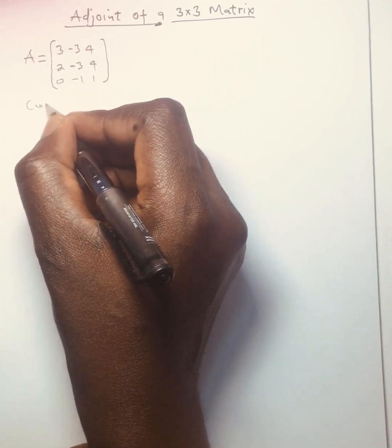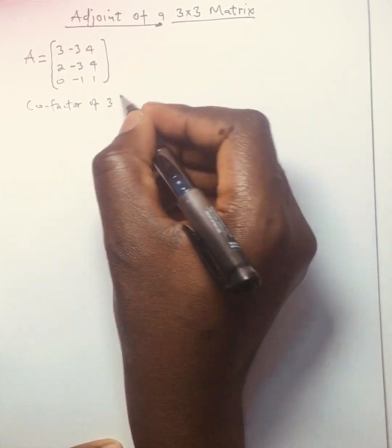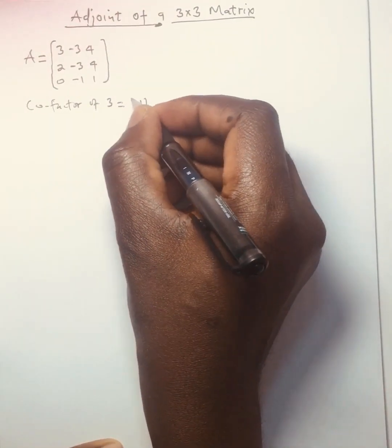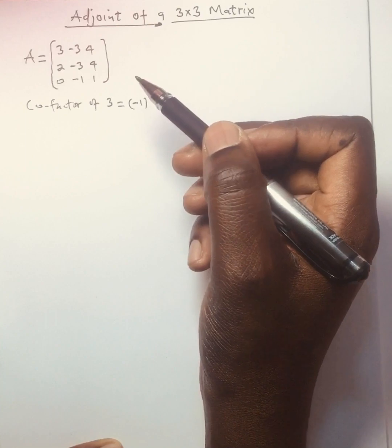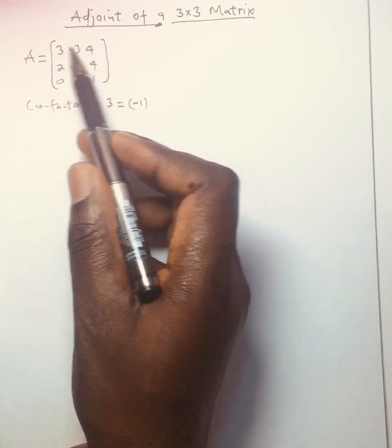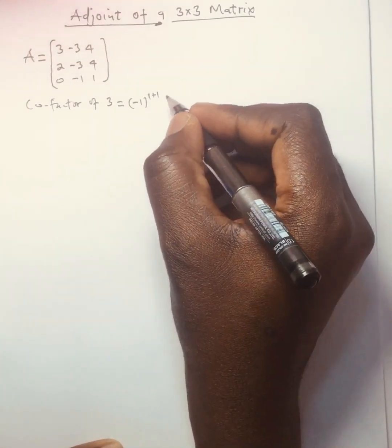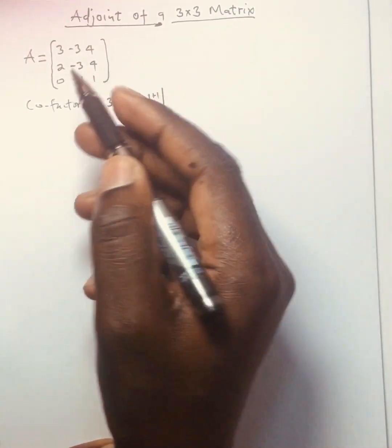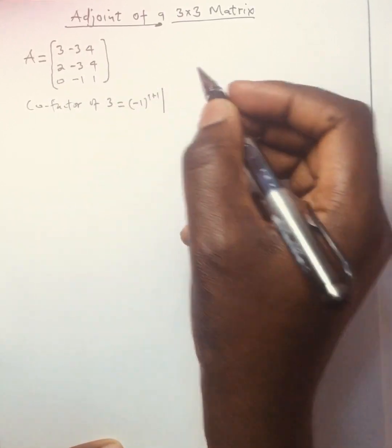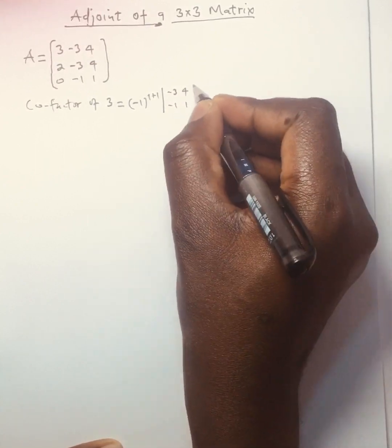So let's start with the first entry, which is 3. The cofactor of 3 is obtained by taking negative 1 raised to the row number plus the column number. 3 is in row 1, column 1, so that is 1 plus 1. If you cover the first row and the first column, what is left is negative 3, 4, negative 1, 1.